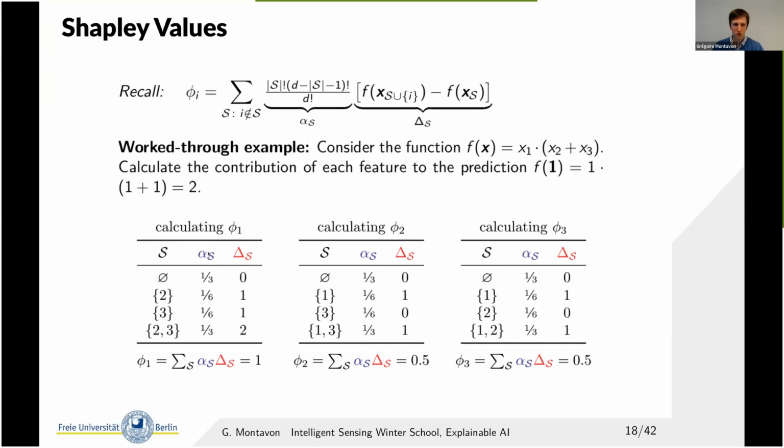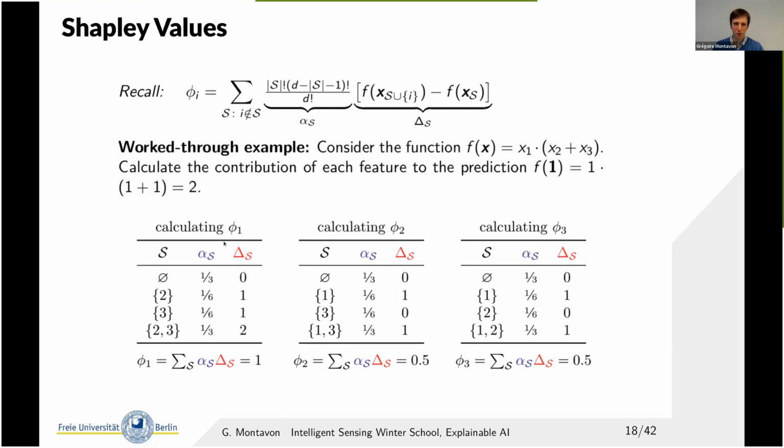These coefficients are constant for a given set size. They are used to balance the contribution associated with different set sizes. When you have a lot of sets of a given size, the alpha S will go down. And then you can look at this delta S, which is the contribution of adding the player to the current set.